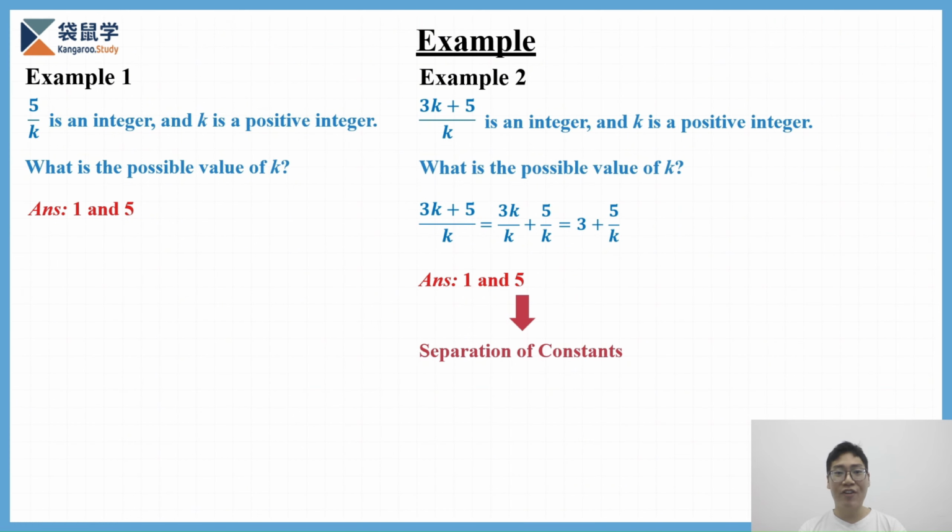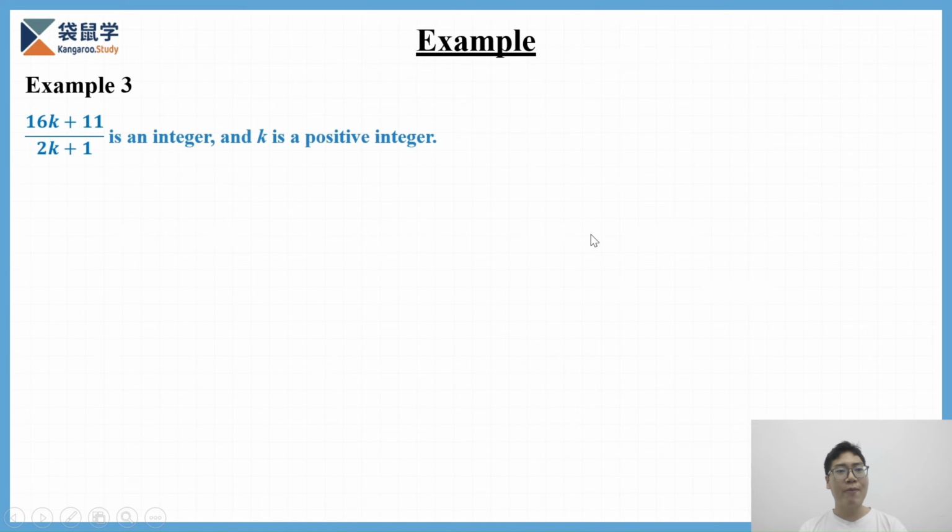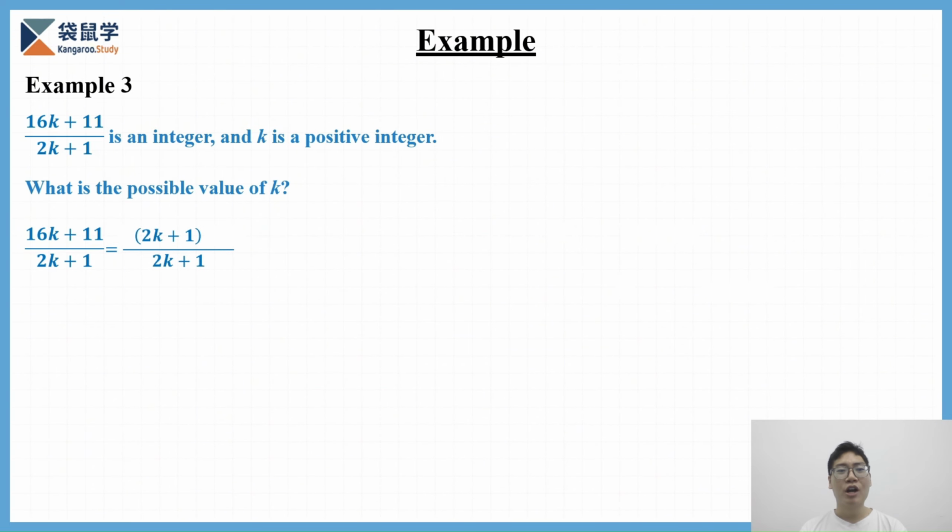In the first fraction, the terms in the numerator and denominator are the same, which allows us to cancel each other off to get an integer as a result. So to achieve the same result, if my denominator is 2k plus 1, what should also be my numerator? Yes, we should also include 2k plus 1 in the numerator.